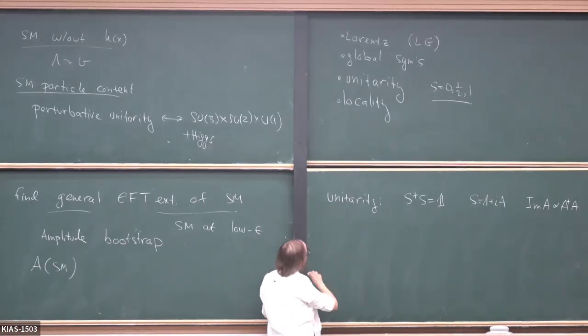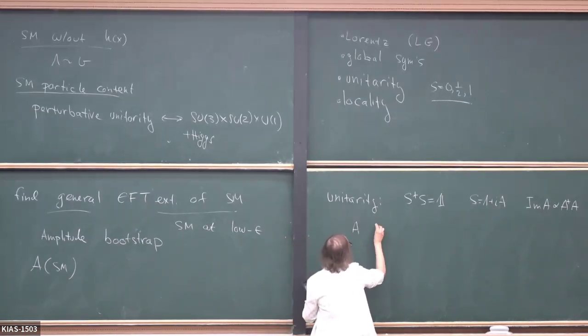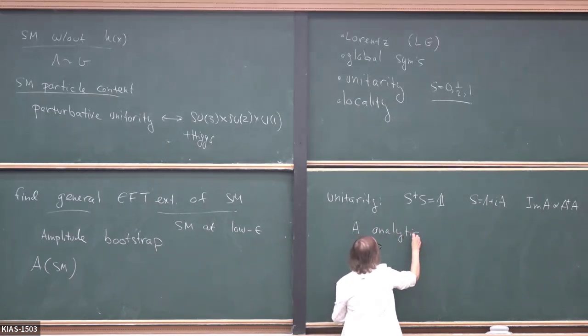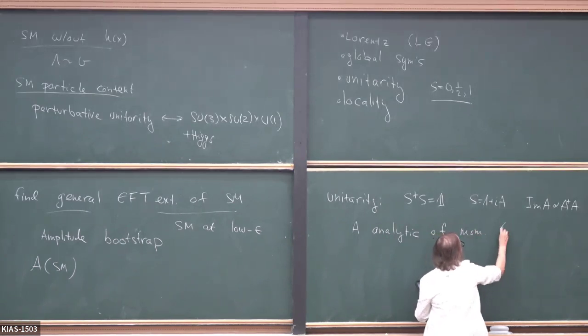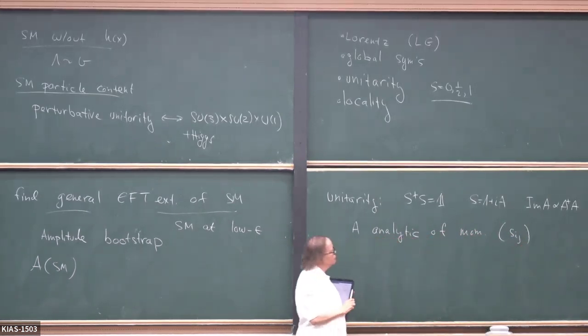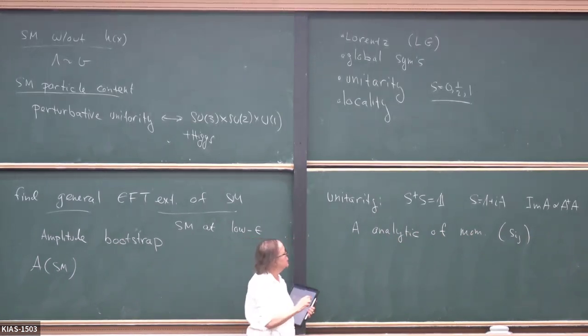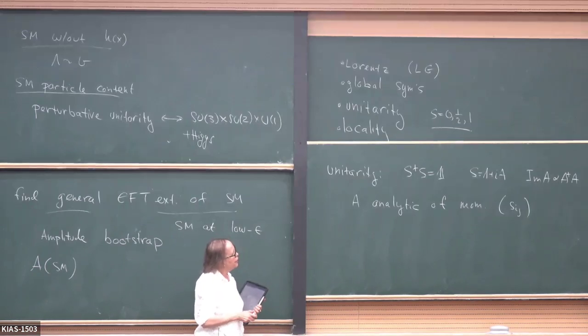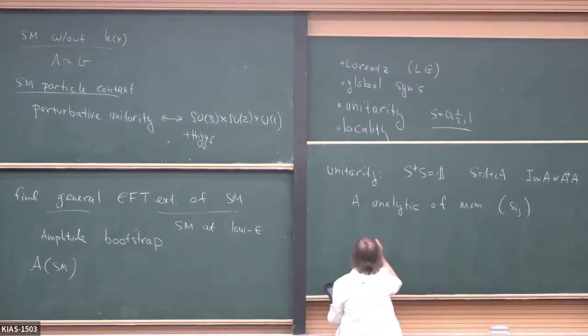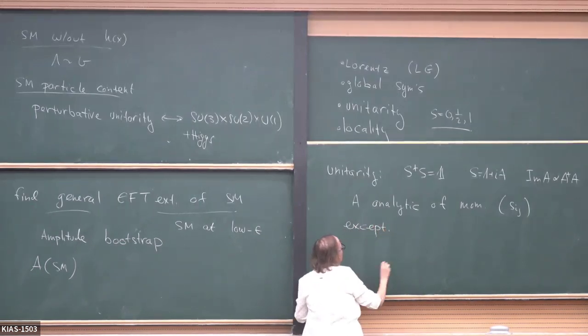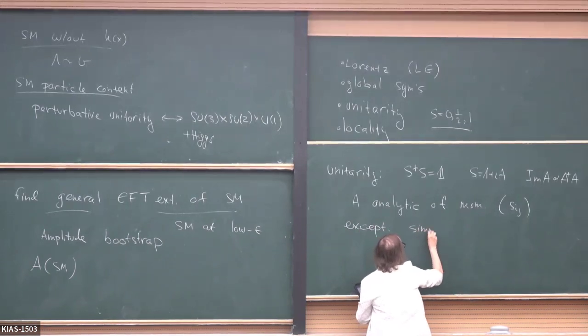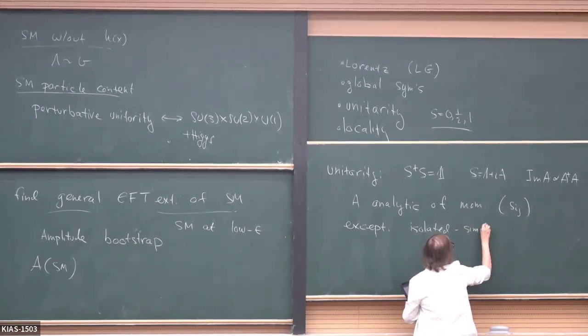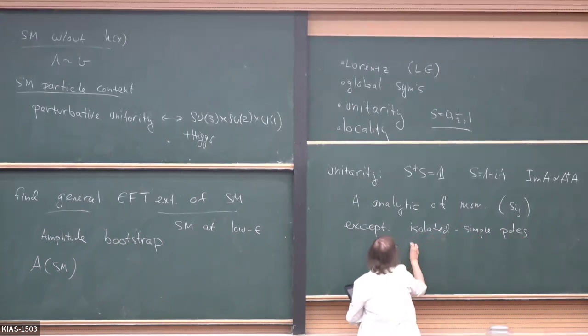And then locality tells us that the amplitude is an analytic function of the momenta, or more precisely, the Lorentz invariant, or the Mandelstam invariants. It's an analytic function of the Sijs in almost the entire complex plane, except at some isolated points where it has simple poles and some branch cuts.